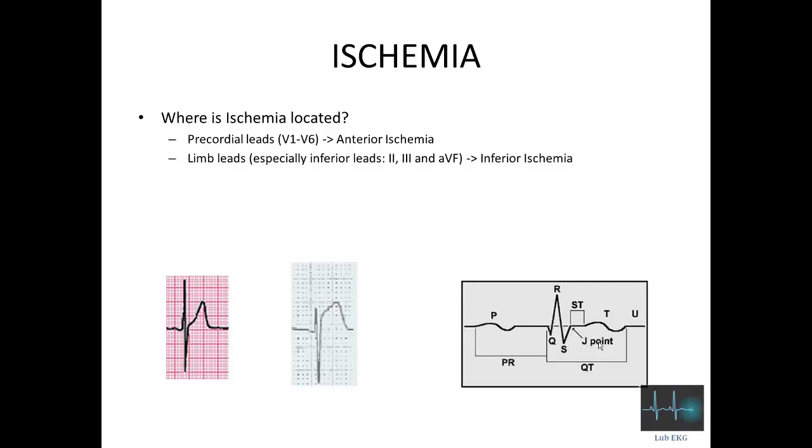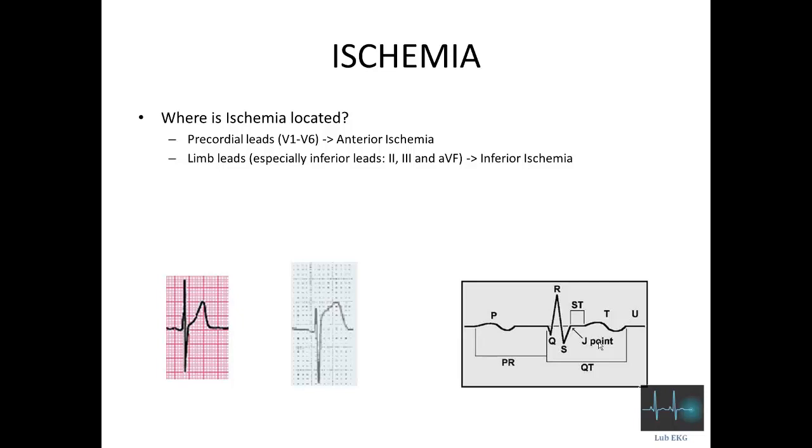ischemic or infarctic changes. If we have it in the precordial leads, we are talking about anterior ischemia, V1 to V6. If we have it in the limb leads, especially inferior leads 2, 3 and AVF, we are talking about inferior ischemia. Now, you probably heard about lateral ischemia.